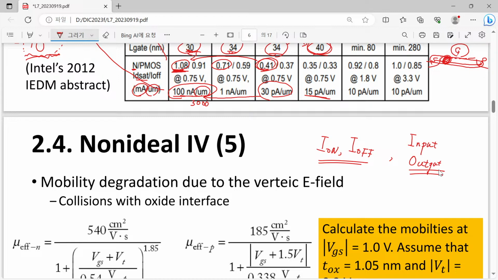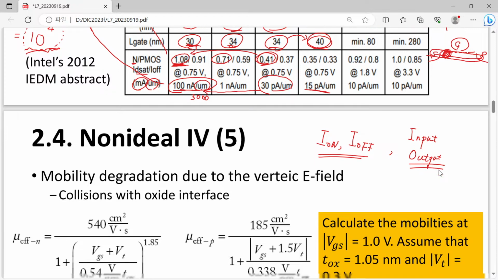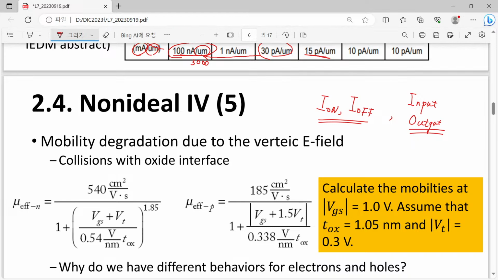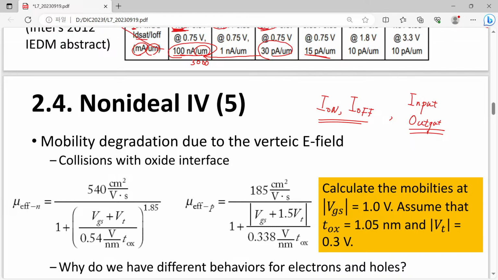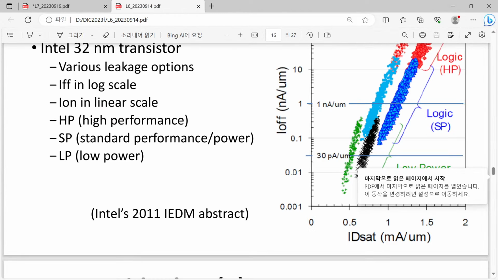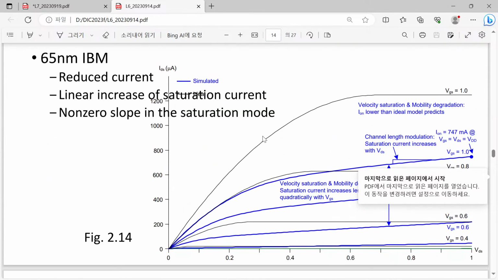These are important ways to characterize our MOS transistors. Then now we will see why we have this kind of performance reduction when we consider our short channel transistor. Okay, so before talking about that, let me just come back to our slide.